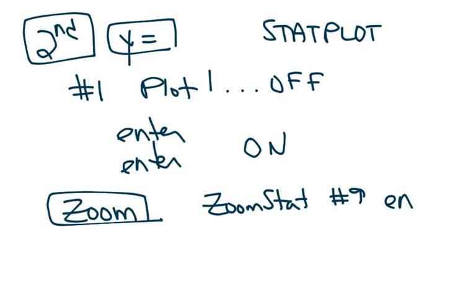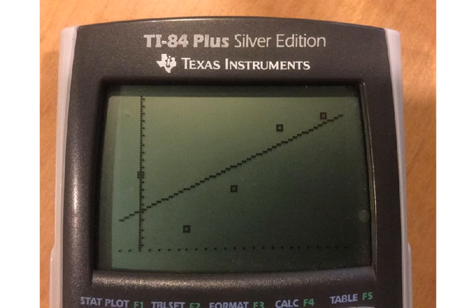When you press enter, 2 things will happen. One is you'll see that a stat plot graphs on your calculator. You'll see a bunch of boxes. And the second thing you'll see is a linear equation being graphed through it. And it should look something like this.